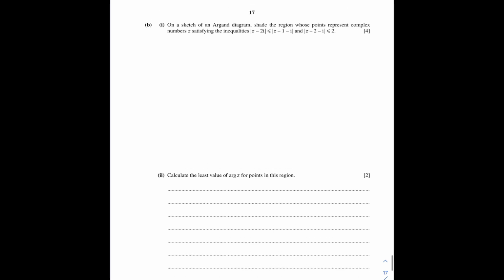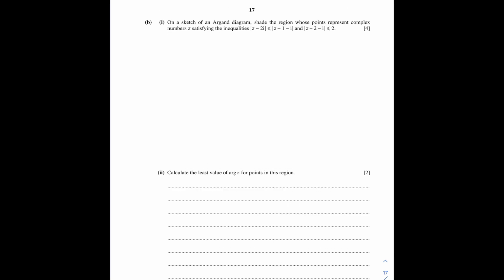Now the next question is: on a sketch of an Argand diagram, shade the region whose points represent the complex number z satisfying the inequalities modulus of z minus 2i is less than or equal to modulus of z minus 2 minus i, which is less than or equal to 2. First, modulus of z minus 2i is less than or equal to modulus of z minus 1 minus i.